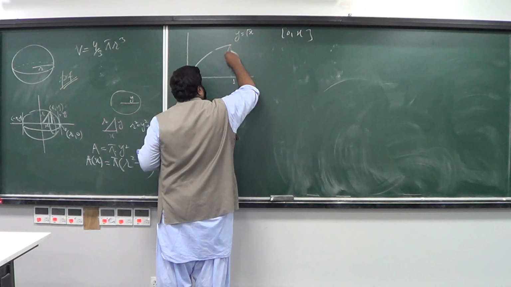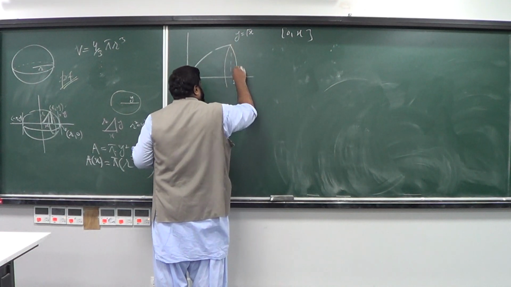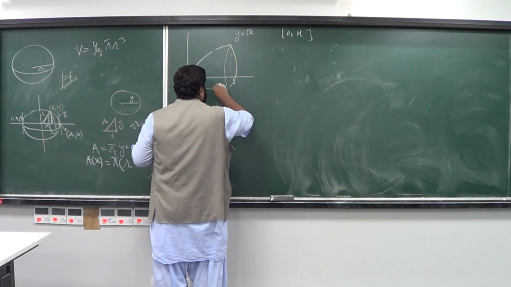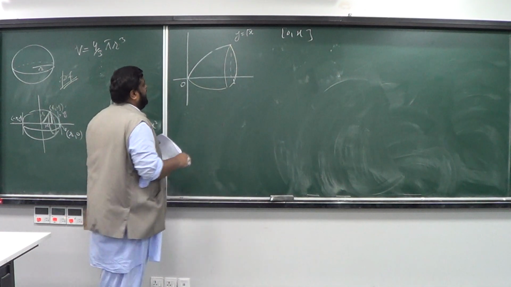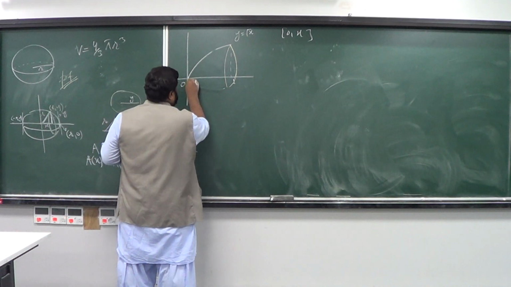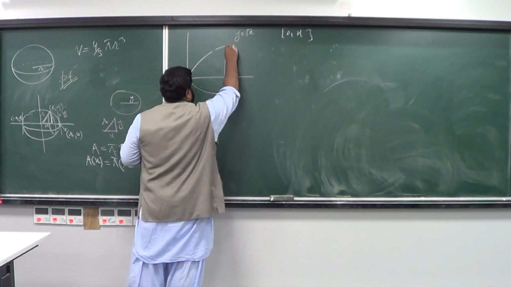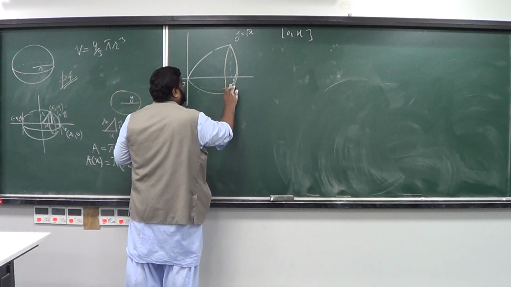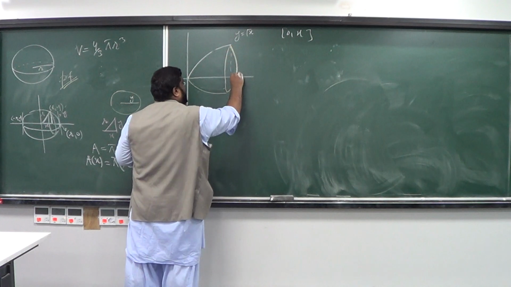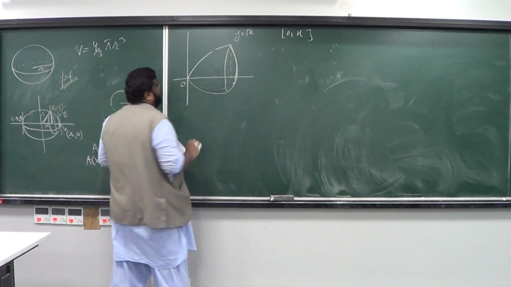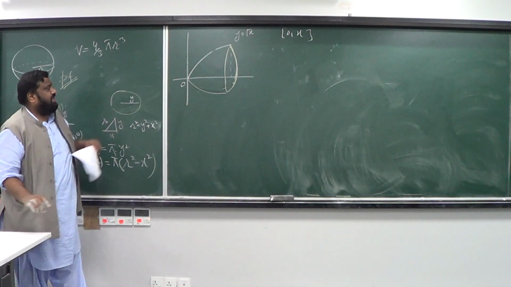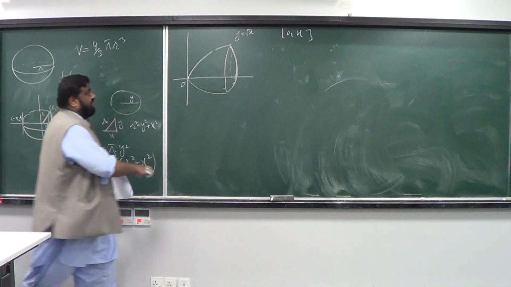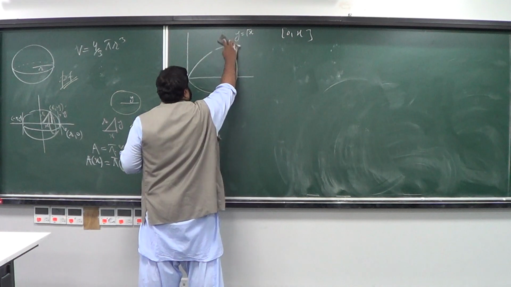You're going to get a picture like this. It sweeps out a shape that should be symmetric.